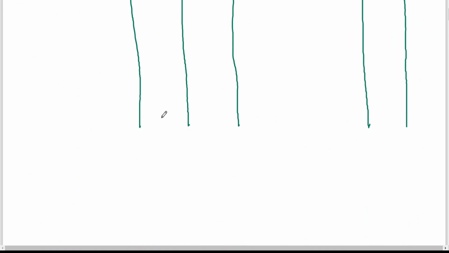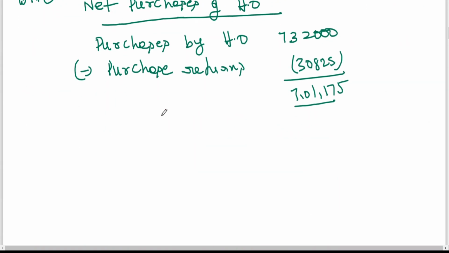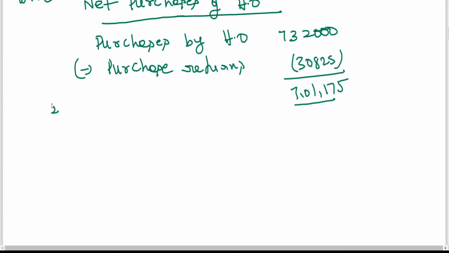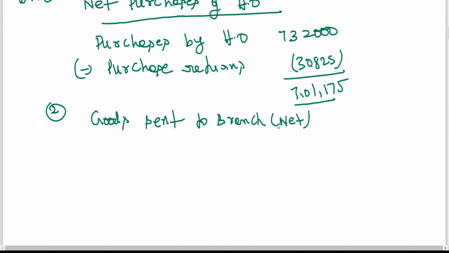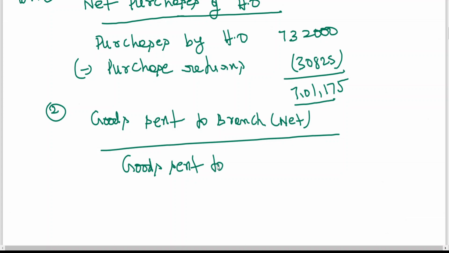point number 2, goods sent to branch net, I'm writing goods sent to branch. Without receiving the goods, how can you treat it as a sale? Goods in transit.